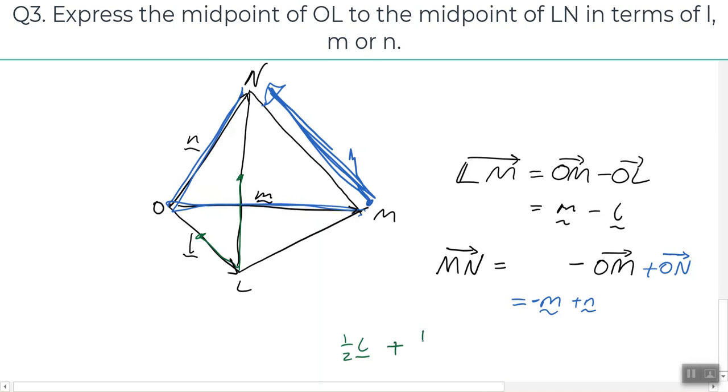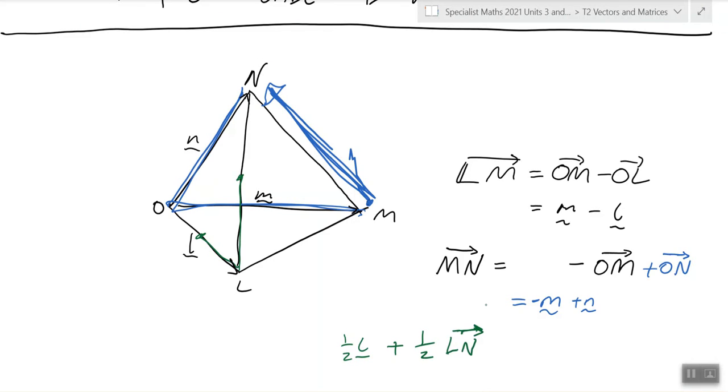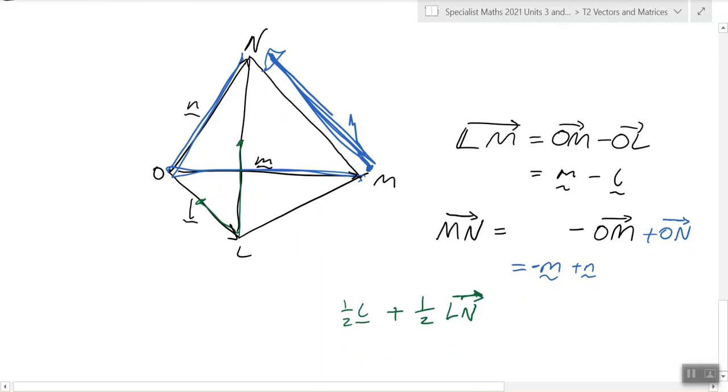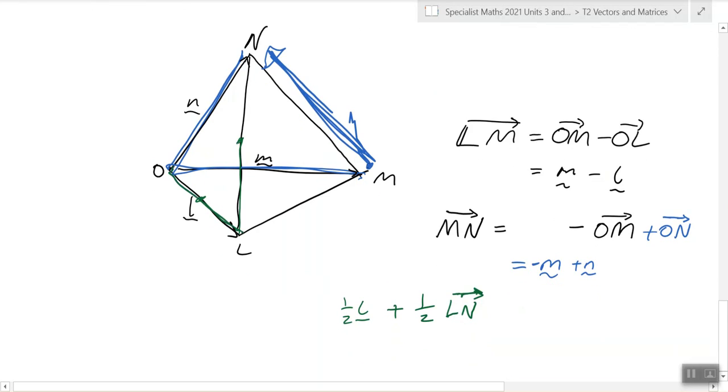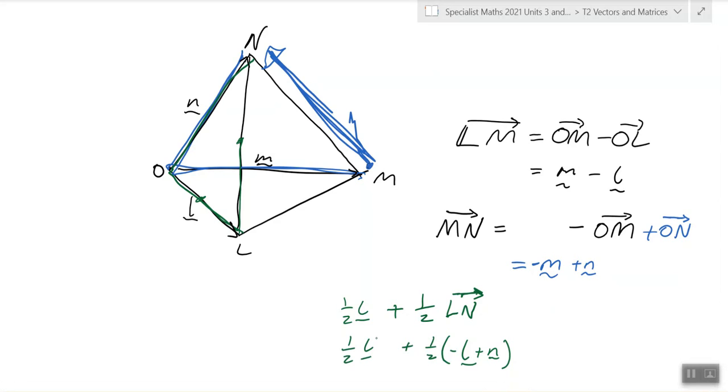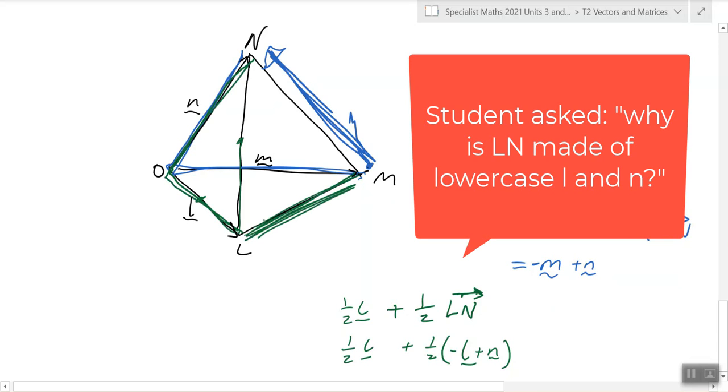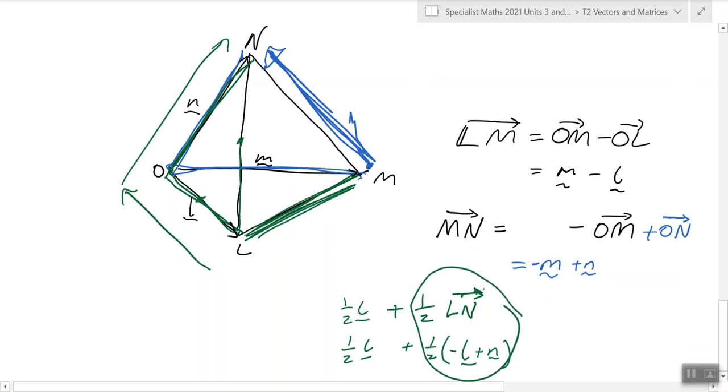I think it's easy to go minus L. So minus L, N. I always follow the actual paths of the lowercase. Does that make sense? Why is the L negative? Because you're going back that way and then up that way to go from L to N. In this bit, yeah?